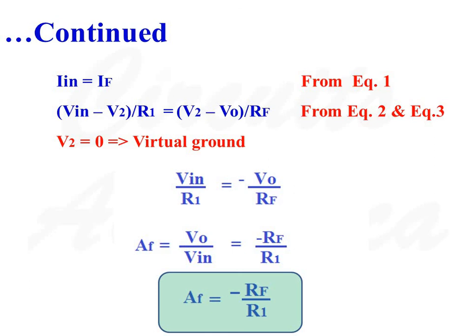So we can write closed loop voltage gain AF is equal to V0 divided by V-in, that is equal to minus RF divided by R1. So the gain of the operational amplifier in inverting mode, or gain of an inverting amplifier, is AF equal to minus RF divided by R1.